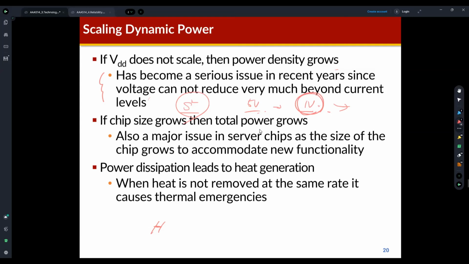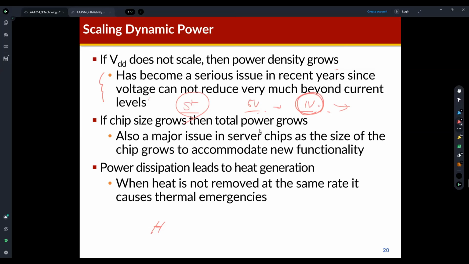It's related to the manufacturing cost, so the yield is also very important. I think the yield is inversely proportional to the chip area.